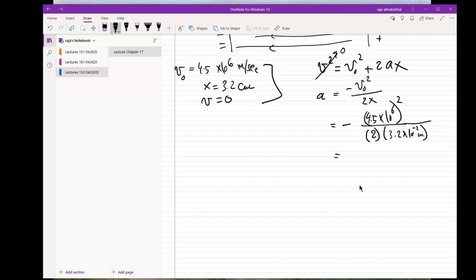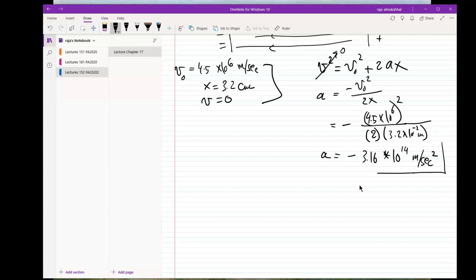My answer is negative 3.16, if I did it correctly, I hope I did, times 10 to the power of 14 meter per second squared. That's the acceleration rate of the electron.